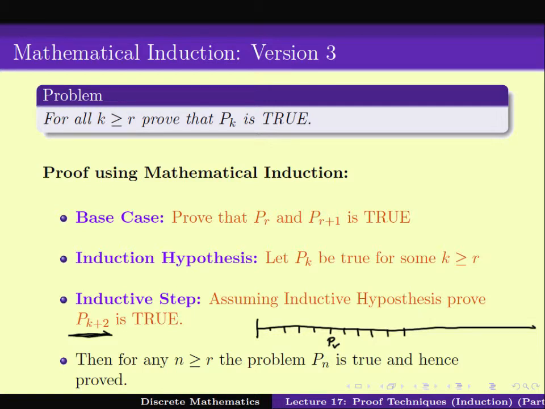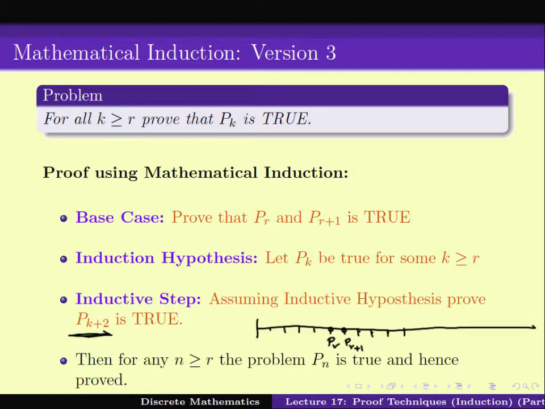But the base cases we have to handle separately. Maybe we have to prove Pr plus 1 differently. So we have proved this and this. Now we have to ensure that for all the terms which are on the right side of Pr, meaning all these terms, we are able to prove that Pk is true.